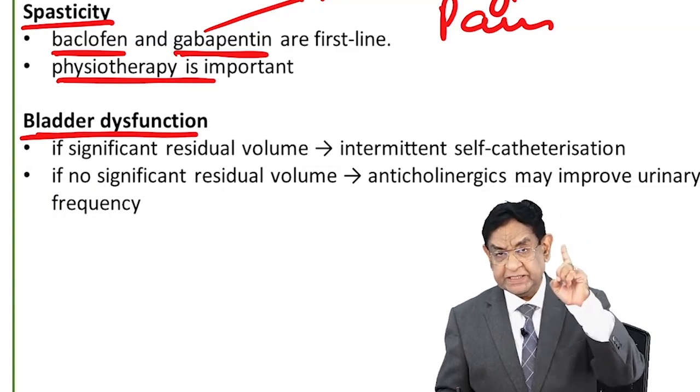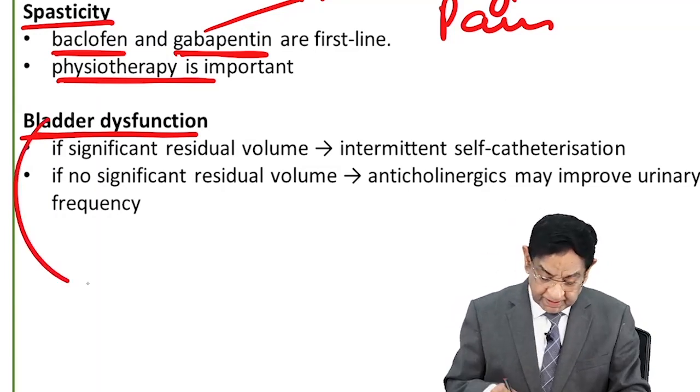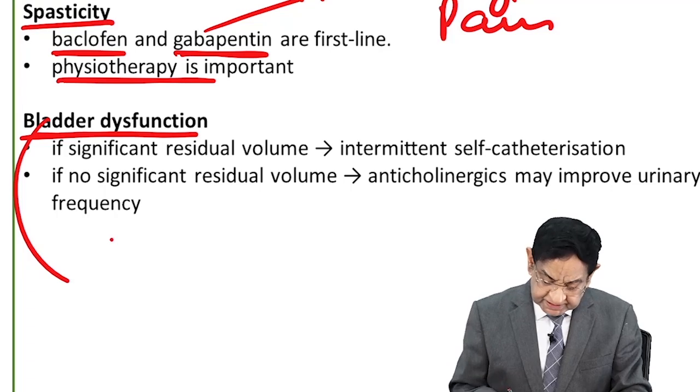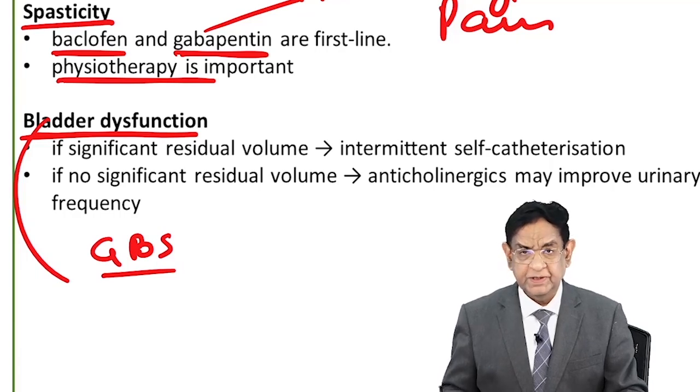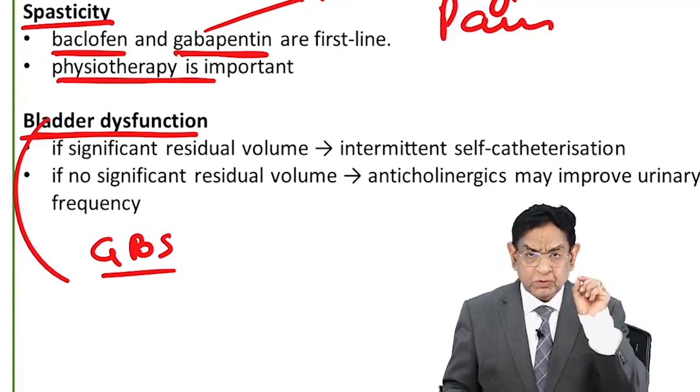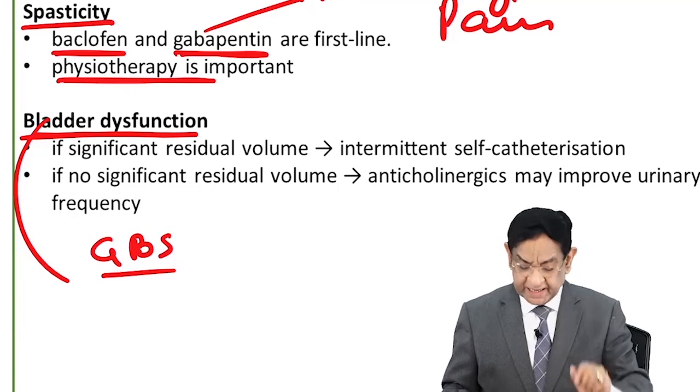Now from an extra edge point of view, one gold medal line: we have another disease called GBS, so-called Guillain-Barré syndrome. In this also demyelination occurs.